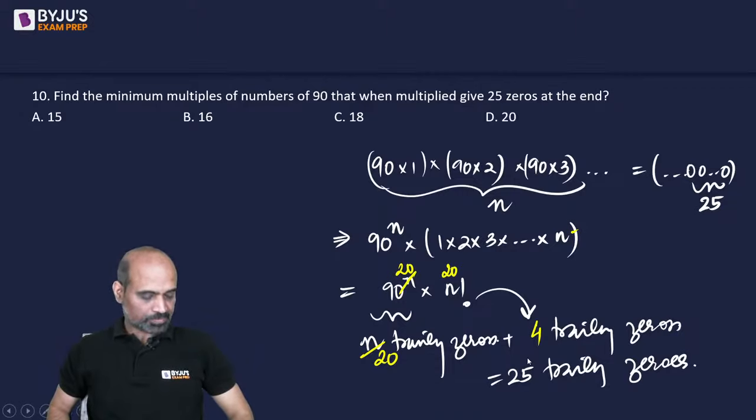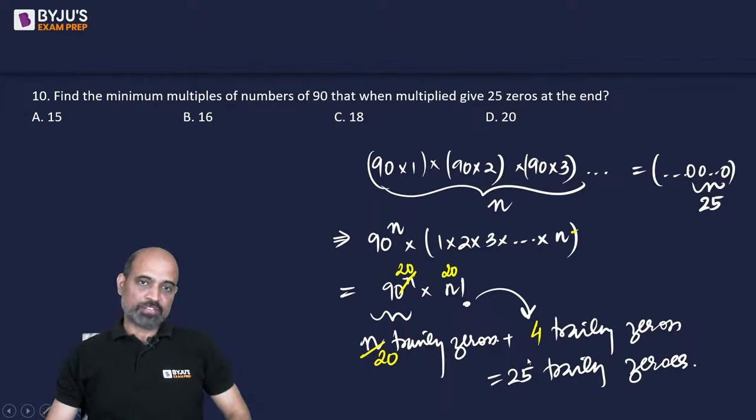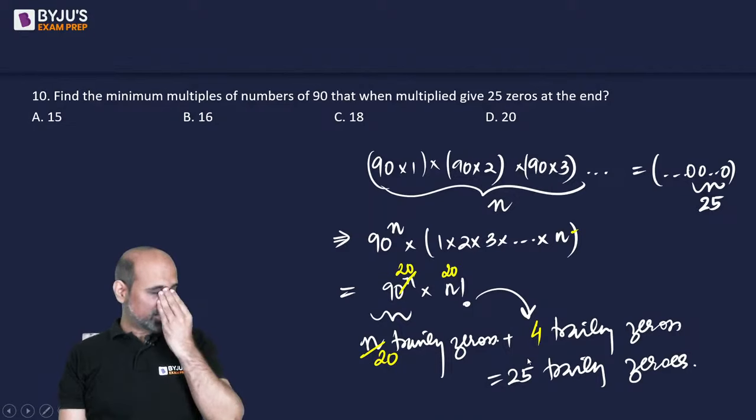Hold on. 90 we have, 95 we have, 100 we have, 105 we have. Hold on, 90.